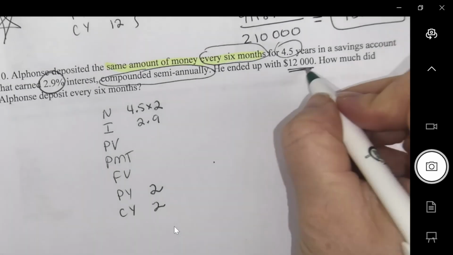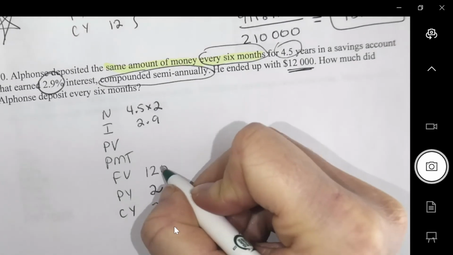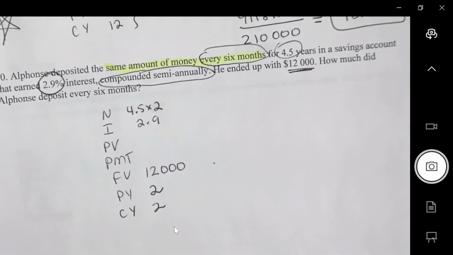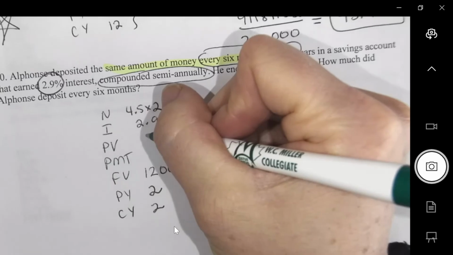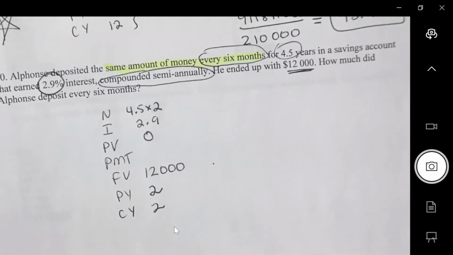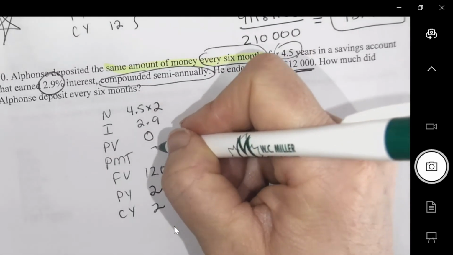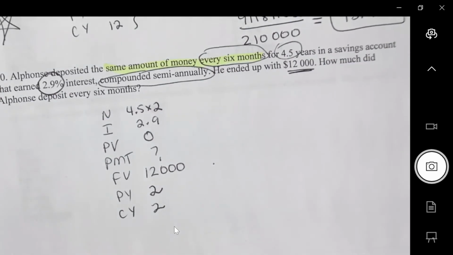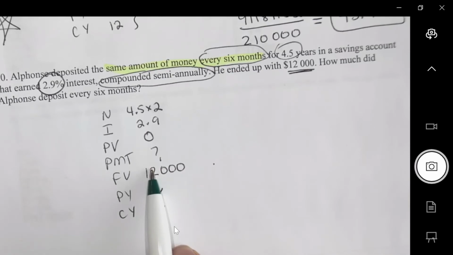You ended up with 12,000, so that is a future value. We're going to put a 0 in the start. How much were we putting in every 6 months? Okay, and you will get a negative in your calculator, but answer me as a positive, right?